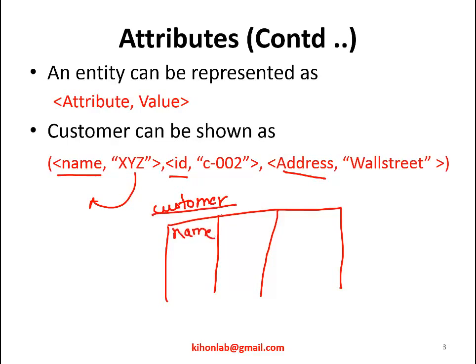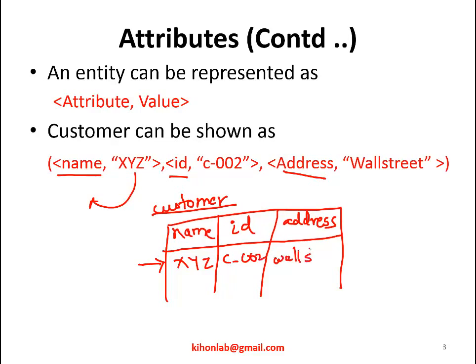This customer is identified by these attributes: name, ID and address. And these are the actual values, which is called a row or a record.